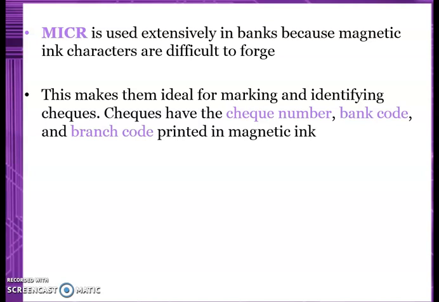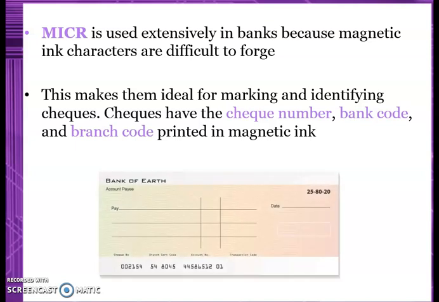So if you have seen this type of check, they have some special code, their check number, then their bank code and their branch code, all at the bottom, at the end of the check. So these are written with magnetic ink.